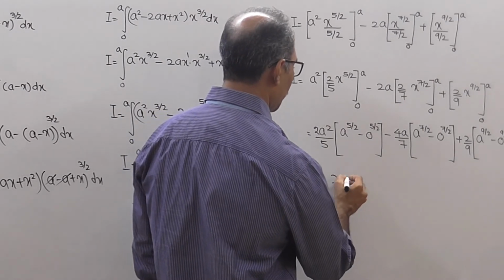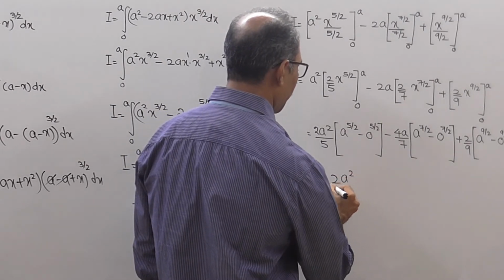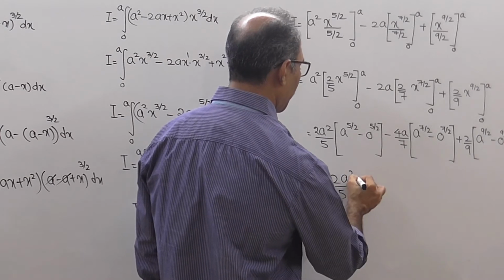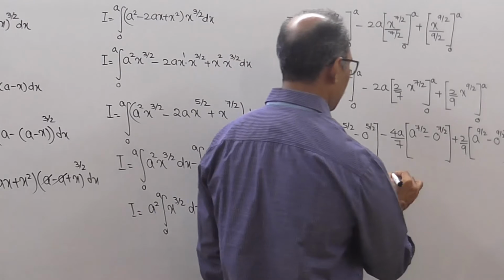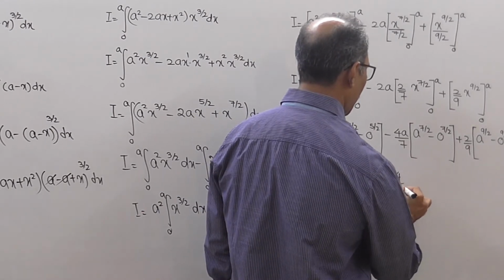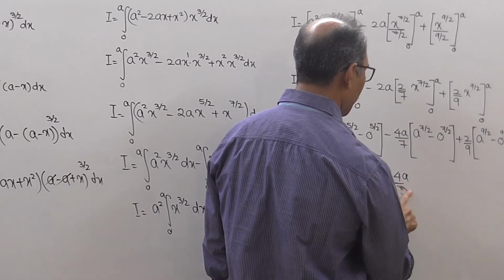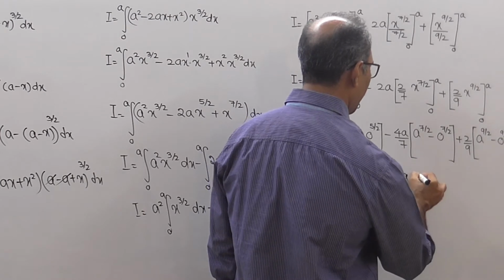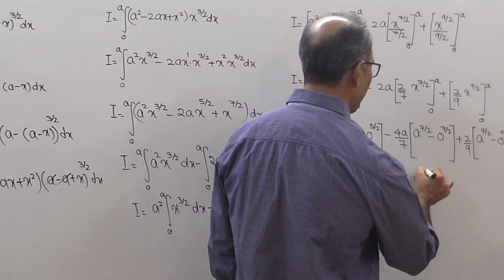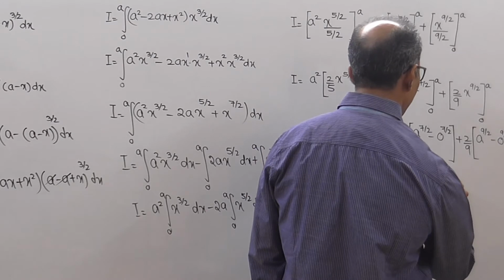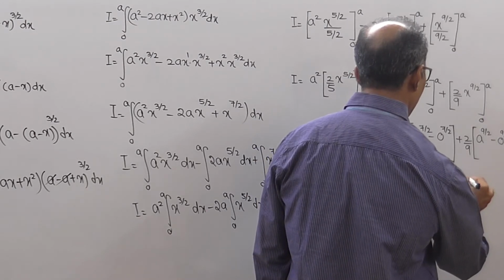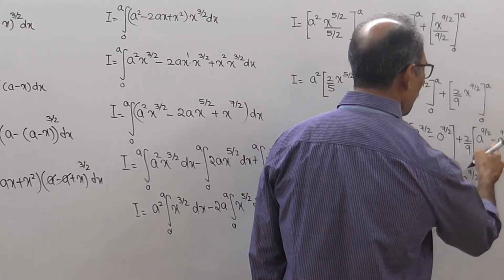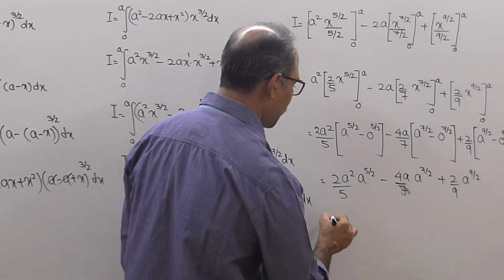So this is 2 a square upon 5 into a raised to 5 by 2 minus 4a upon 7 a raised to 7 upon 2 plus 2 by 9 a raised to 9 upon 2, because 0 raised to anything will give the answer as 0.